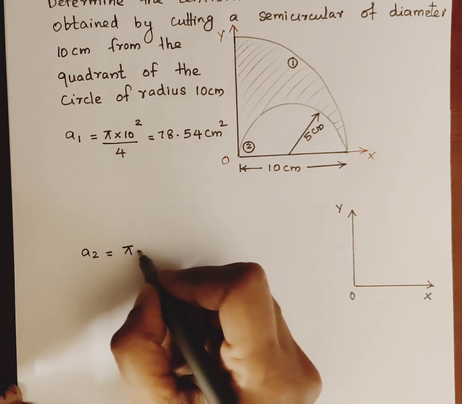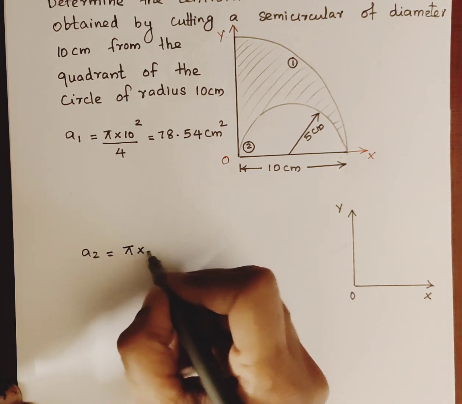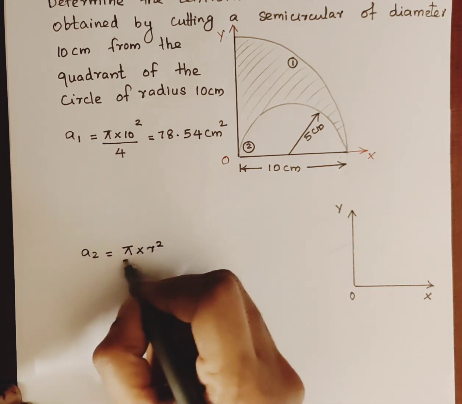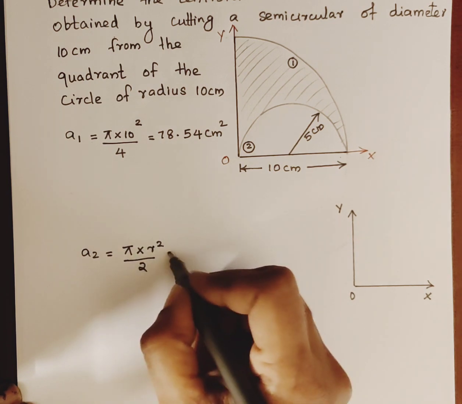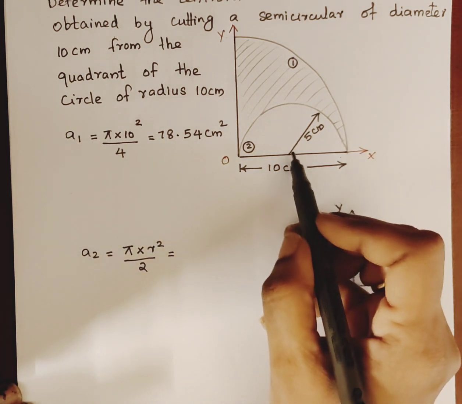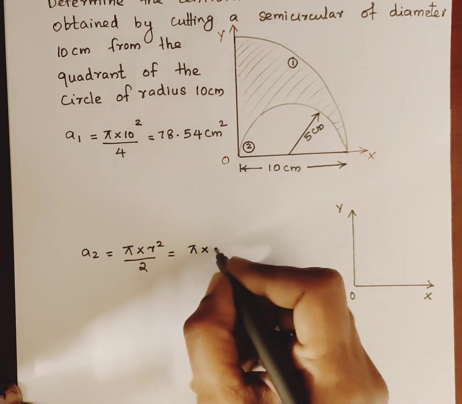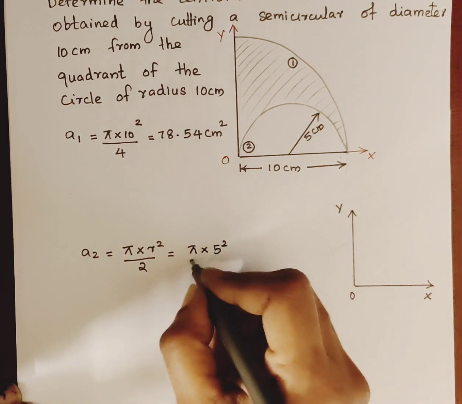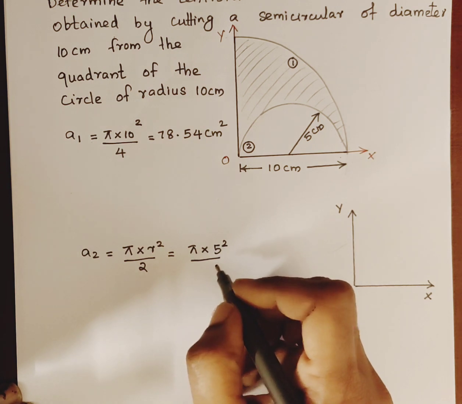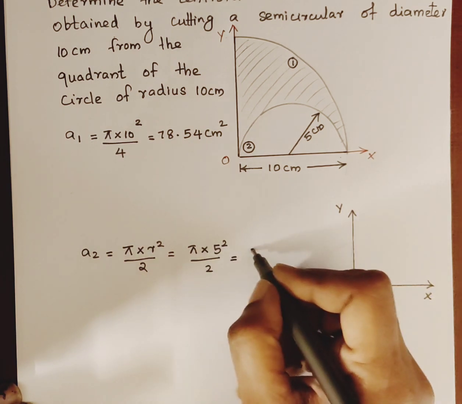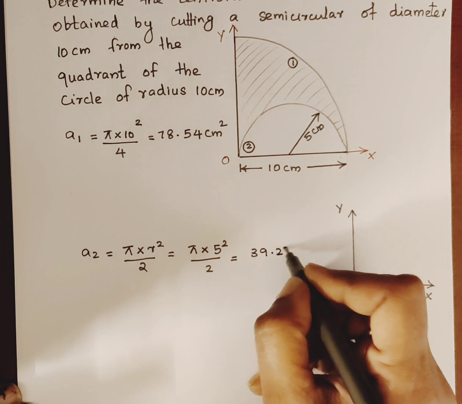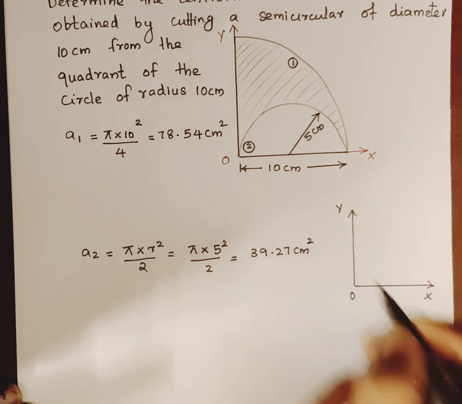So area of the semicircle is equal to pi r square by 2. So here r is equal to 5 centimeter. So pi into 5 square by 2. That is equal to 39.27 centimeter square.